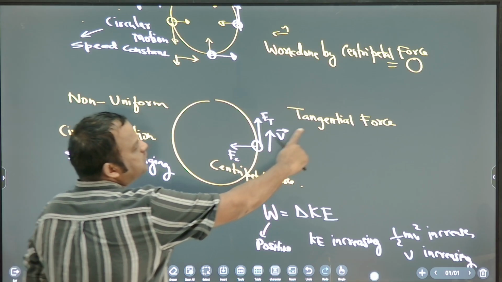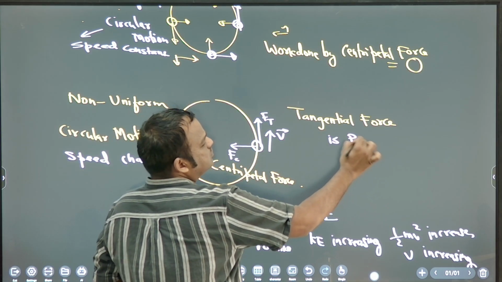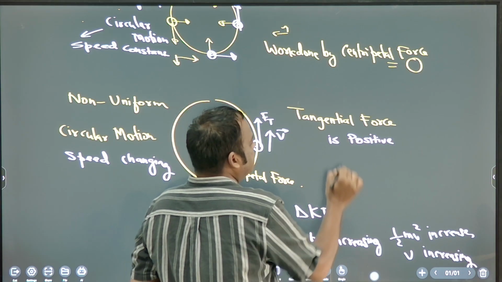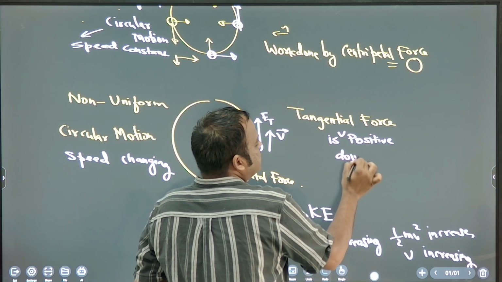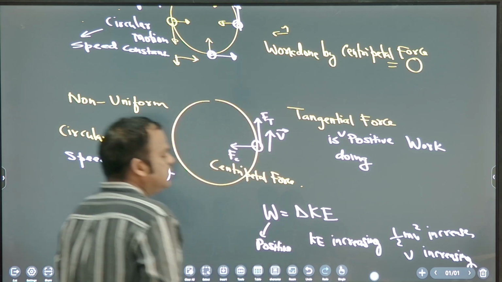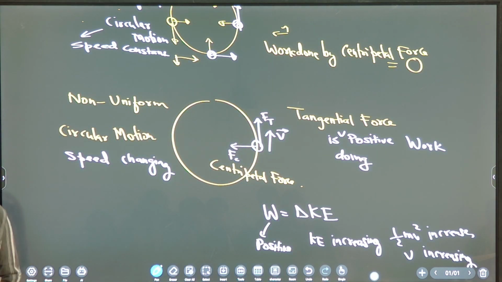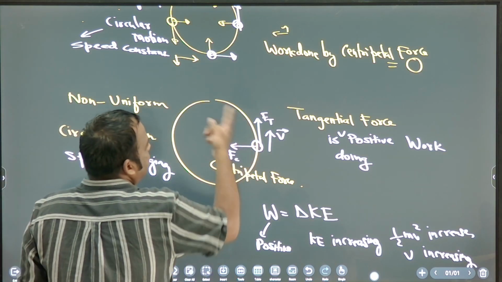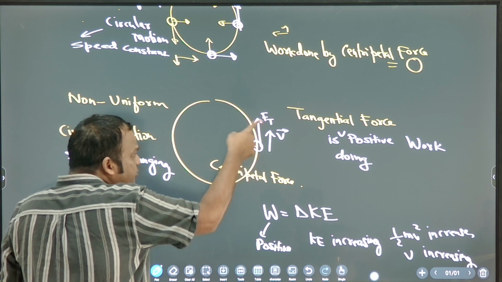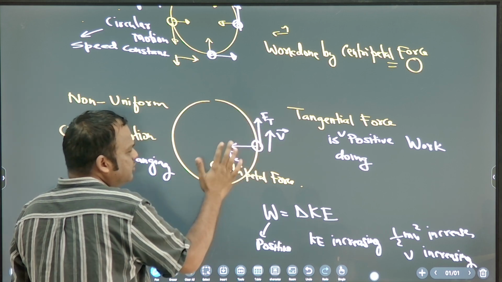So tangential force is doing positive work when speed is increasing. So in non-uniform circular motion with speed increasing, tangential force is doing positive work. Centripetal force is not doing any work.